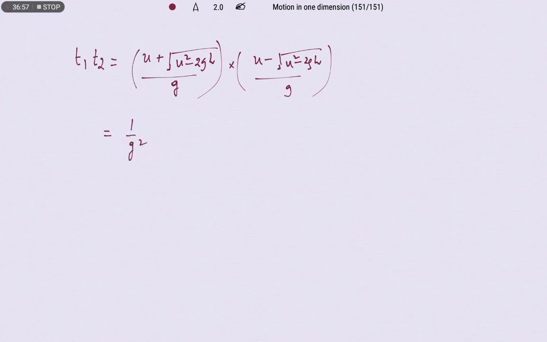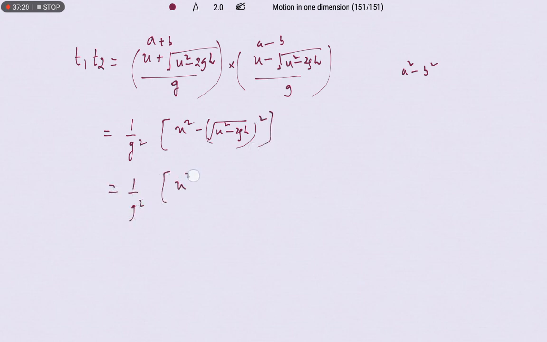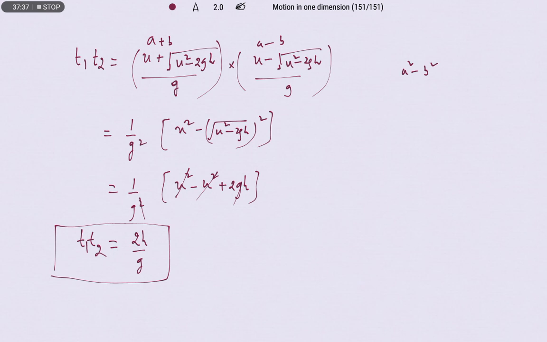In the format of a plus b into a minus b, we can write a square minus b square. So a square is u square, minus b square, which is u square minus 2gh whole square. Therefore 1 by g square, u square minus u square minus of minus 2gh will be plus 2gh. g gets cancelled. Therefore t1 t2 is equal to 2h by g. That means the product of roots is given by 2h by g.